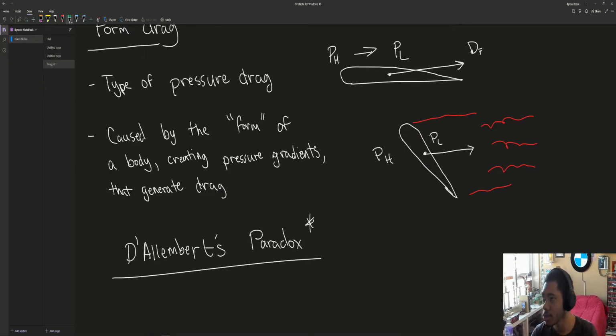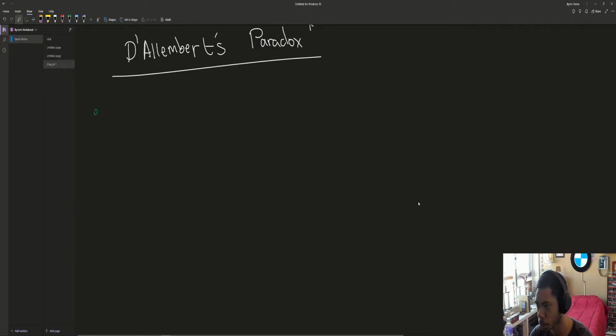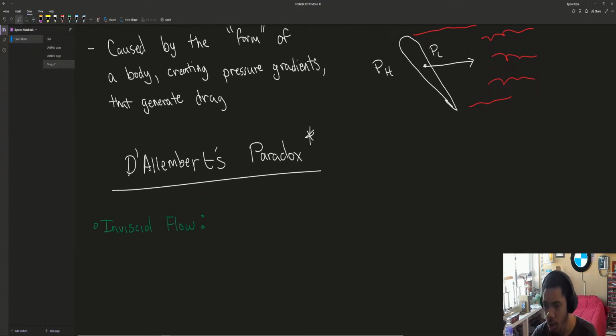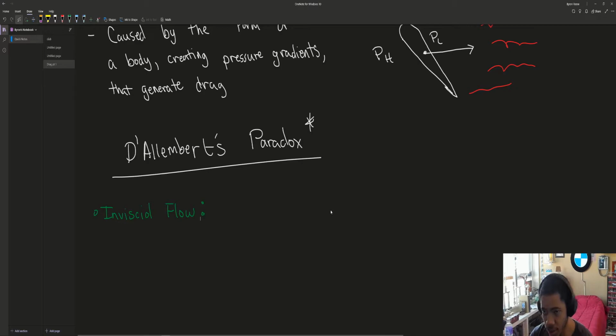What this says is that in inviscid flow, and we talked about inviscid flow in the previous video, where we're neglecting viscous effects, what we find is that the flow stays attached.